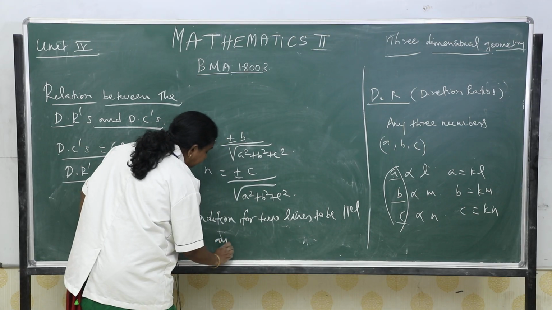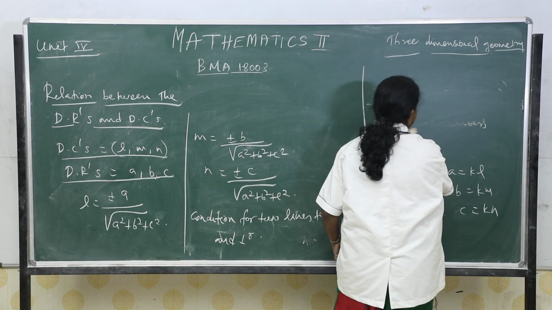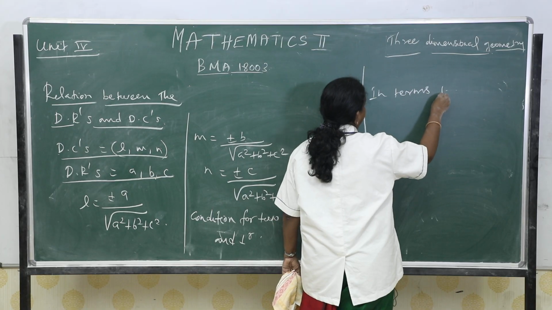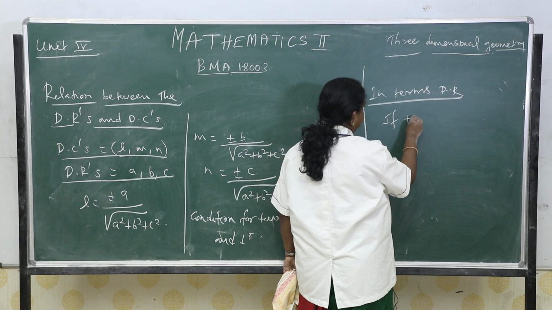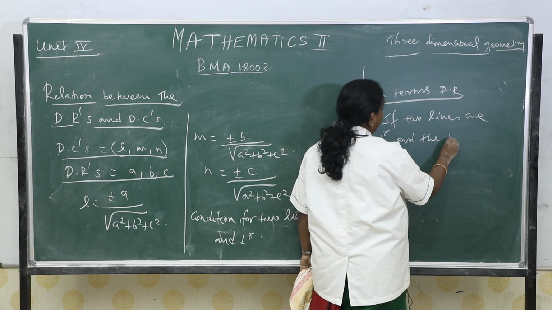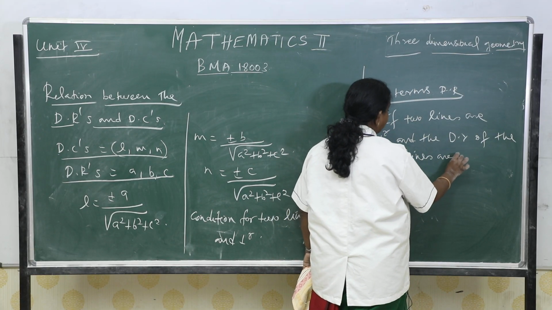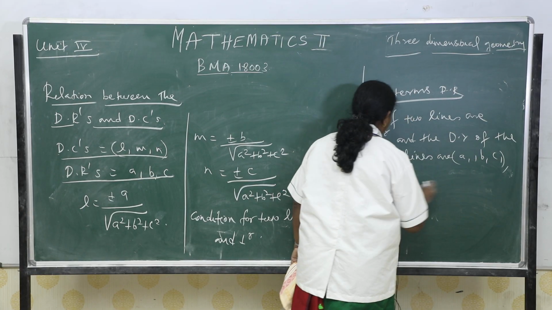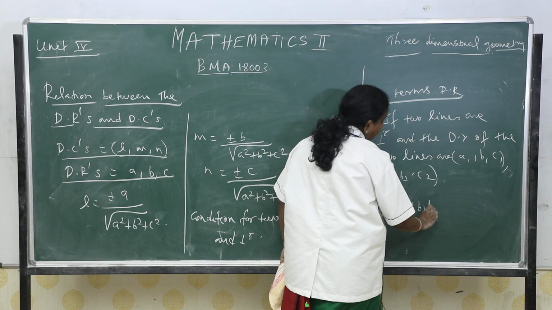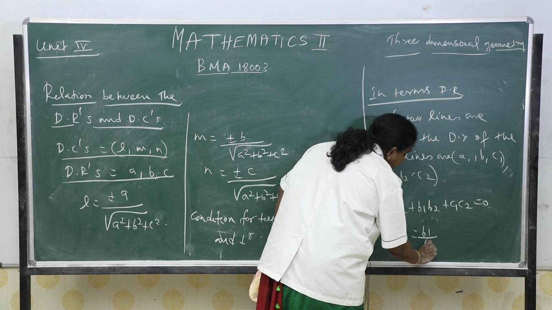Now, the condition for two lines to be parallel and perpendicular in terms of DRs. If the direction ratios of the two lines are A1, B1, C1 and A2, B2, C2, then the condition for perpendicularity is A1 A2 plus B1 B2 plus C1 C2 is equal to 0, and the condition for parallel is A1 by A2 is equal to B1 by B2 is equal to C1 by C2.